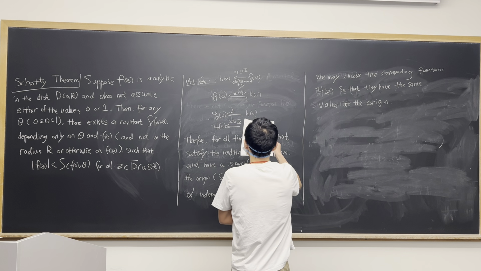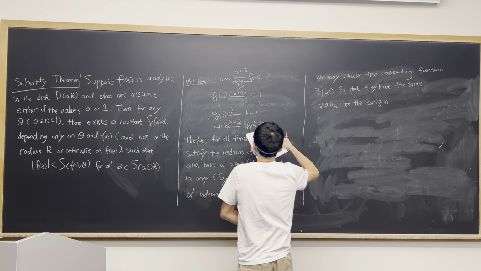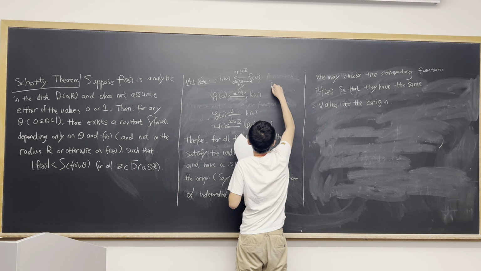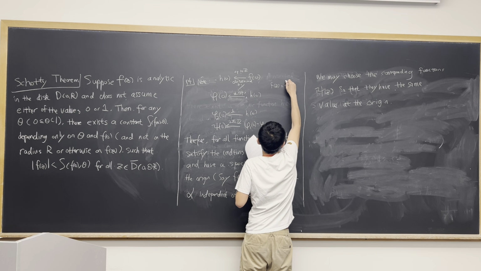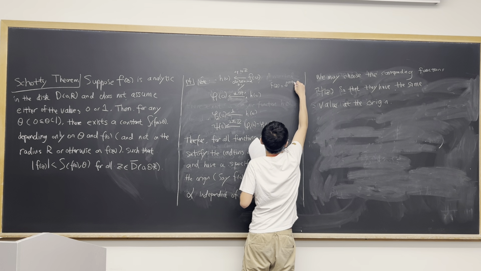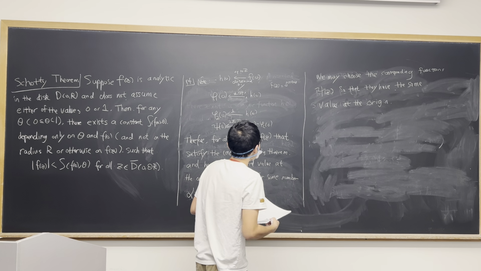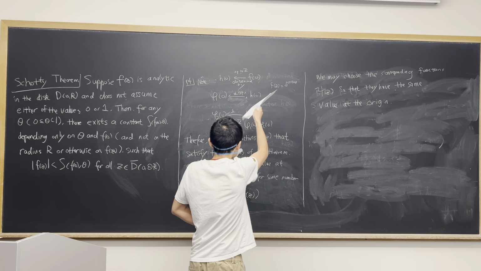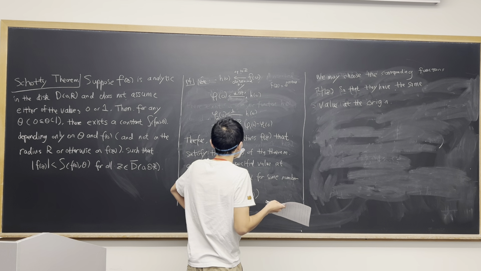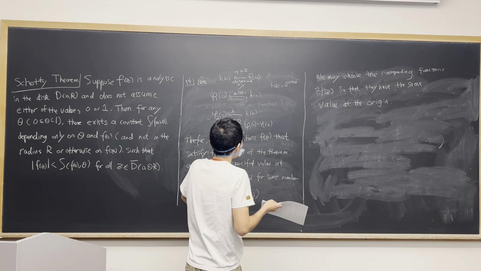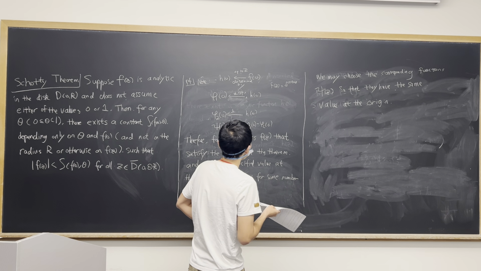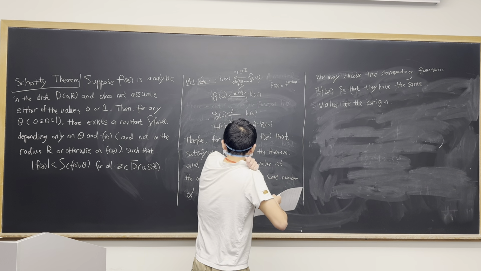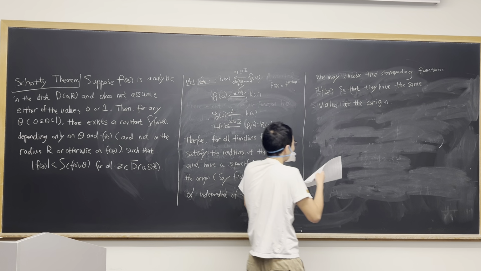Again, from the previous result, we know that this h(z) is chosen so that this f(z) is equal to e to the 2 pi i h(z), and it is defined up to an additive constant.